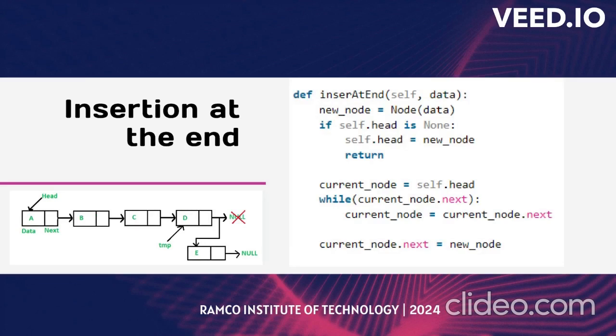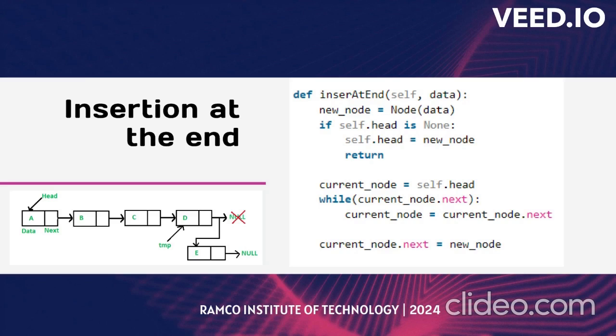So the insert at end function, data has to be passed as an argument to this function. Based on the data, a new node has to be created. Then we have to check the head value, whether the head is none or not none. If it is none, there is no element in the list, so we can directly insert that element as the head.